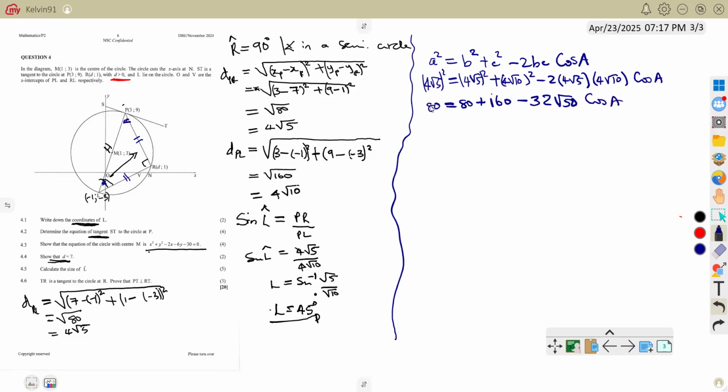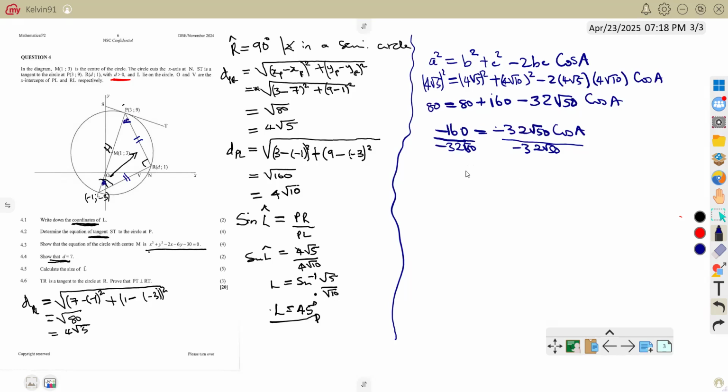Taking this to the other side, it's going to be negative 160 equal to negative 32 root 50 cos a. Then you simplify, divide both sides by negative 32 root 50.